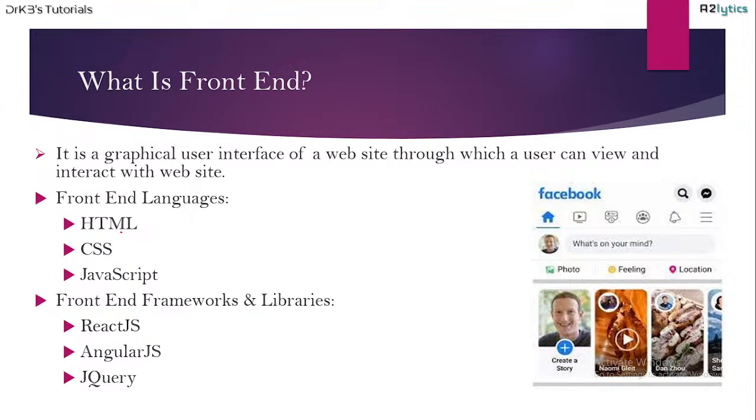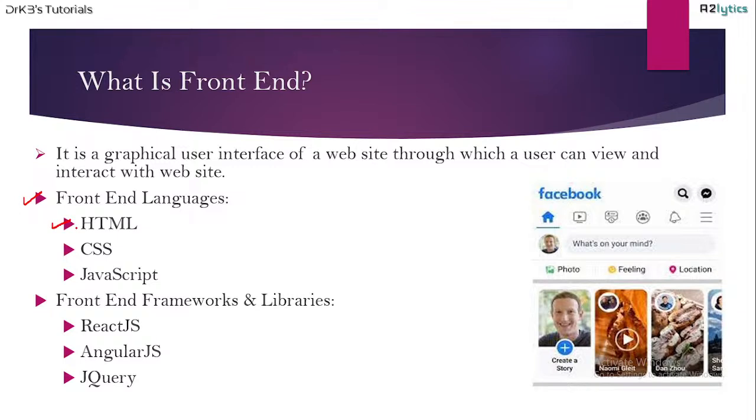So let's see what is front end. As I explained in the previous slide, front end is nothing but an application which can be opened in the web browser, an application through which the user interacts with your application. For front-end development, you can use many programming languages.